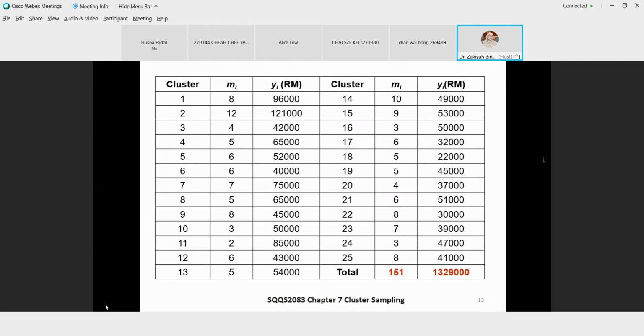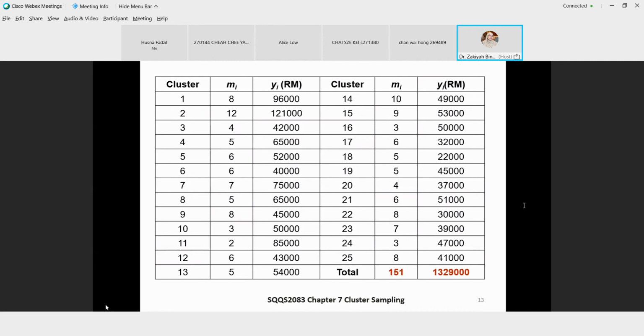So you're getting the sum of 74. Is that just one side, or did you add up the other side as well? We have a total of 25 clusters, so for the m_i, you add up for all 25.